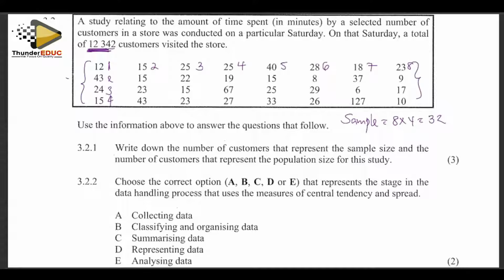I've just counted these ones here. So multiply that and this. 32. And the population is 12,342. So those were the answers.